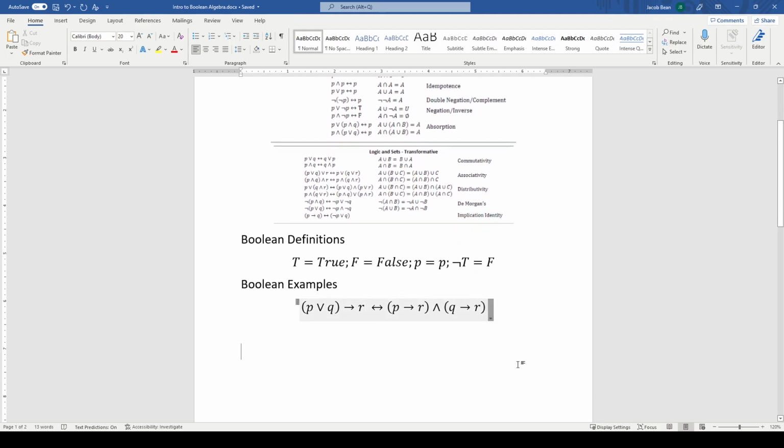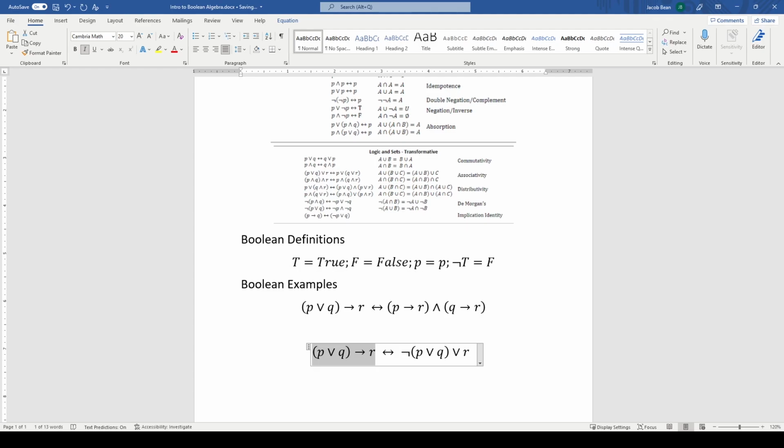I've already taken the liberty of writing out the first step for us, and I just copy and pasted this over, and I showed you what we can turn this into. So we could take the left side, and if we use the implication identity, which is this formula right here, it says that P implies Q is the same thing as saying not P or Q.